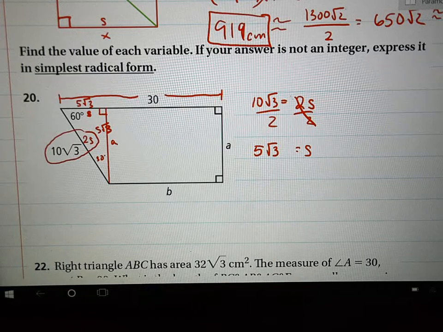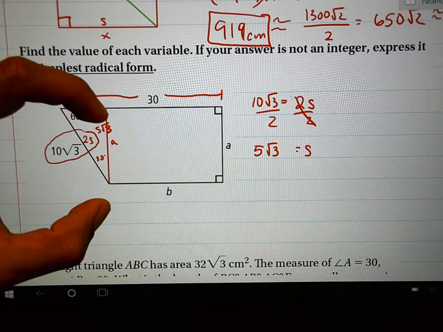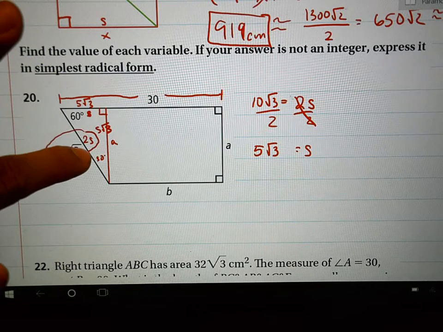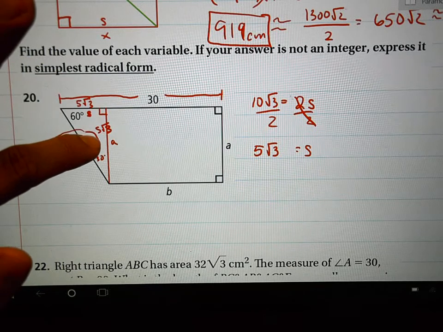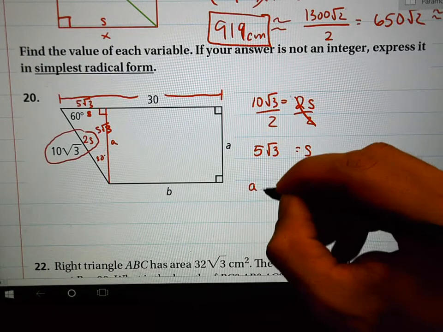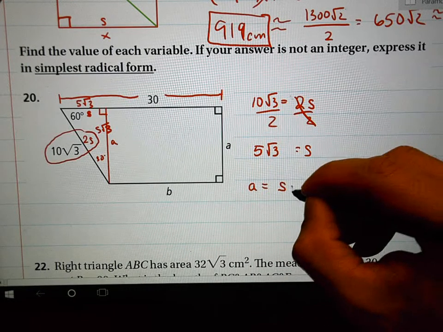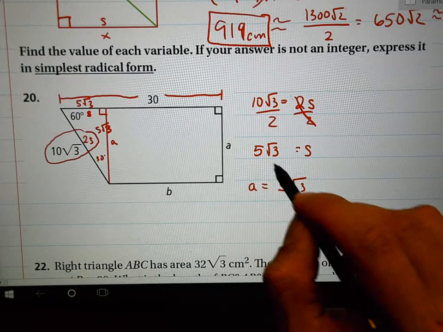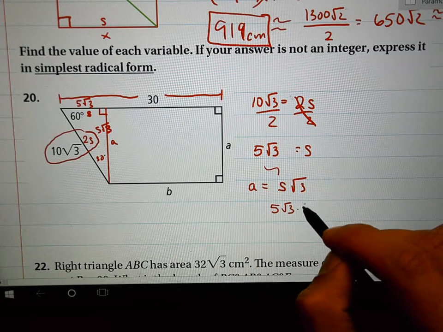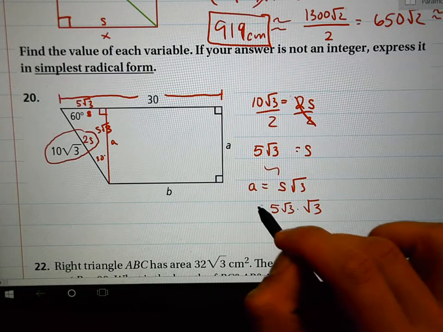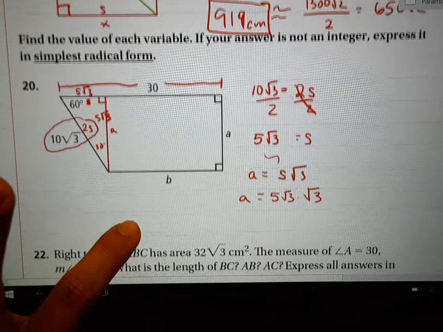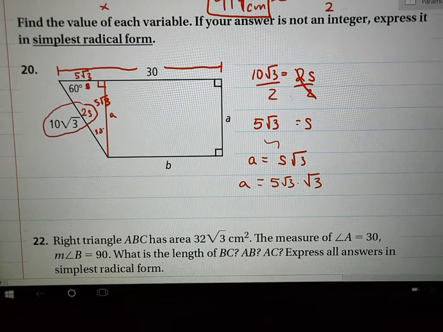Now this distance, A, is on the S root 3 side. Since A equals S root 3, and you know what S is, plug it in. 5 root 3 times root 3. Then you can figure out what A is. 5 root 3 times root 3.